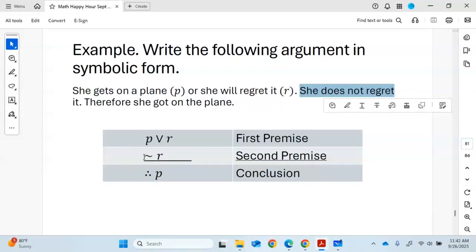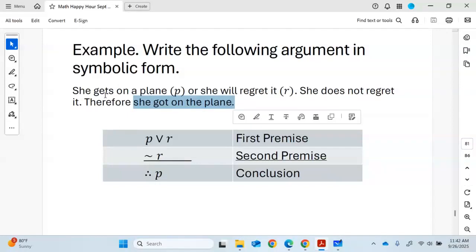So my second premise is going to be not R. And my conclusion is going to be, I'm sorry, therefore P. I have the three dots, which means therefore P, because that's what I have here. Therefore, she got on the plane, and she got on the plane is just the letter P.